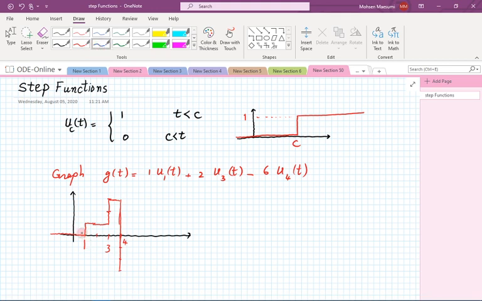So this was 1, this is 2 more, and then minus 6 is this drop here. So we're going up here and up here and dropping here. When we get to this point, we continue at that level. There are no more switches, so the values of the function go from 1 to 3 to minus 3.